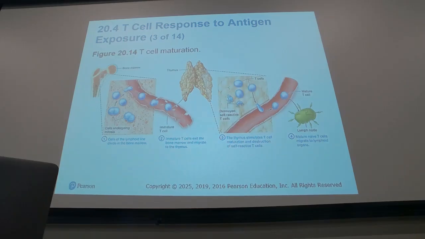And then the ones that detect the antigens will mature, and then they will go into the bloodstream to later on populate the lymphoid tissues, including lymph nodes. So only the ones that detect these antigens. The ones that don't detect them will be destroyed. Or the ones that consider your own antigens as foreign will be destroyed. This is clonal deletion.